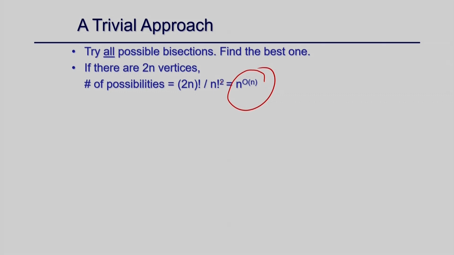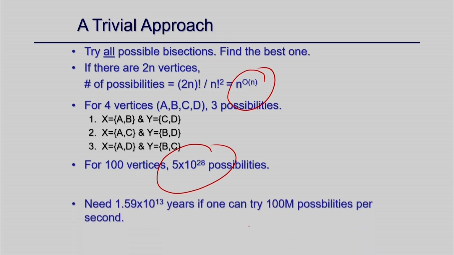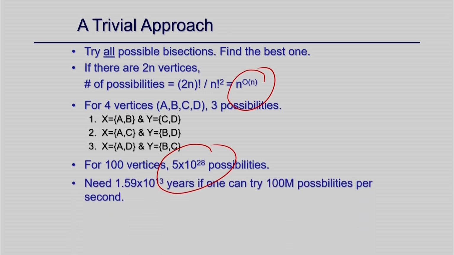For 4 vertices it is fine, there are 3 possibilities, but if you have only 100 vertices, the possibilities are about 5 times 10 to the power 28, which is huge. Even for only 100 vertices, it would take about 5 times 10 to the power 13 years, which is infeasible.